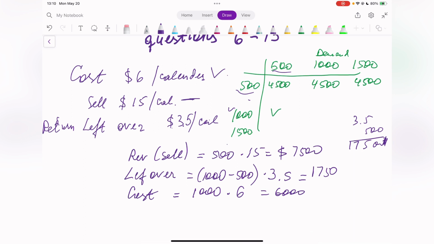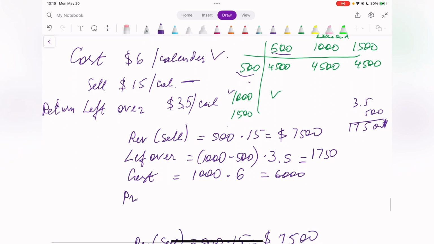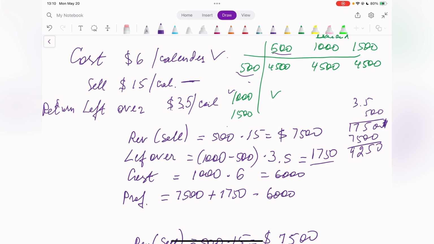The profit is 7,500 plus an additional 1,750 minus cost 6,000. 1,750 plus 7,500 is 9,250, and minus 6,000 is 3,250 profit.